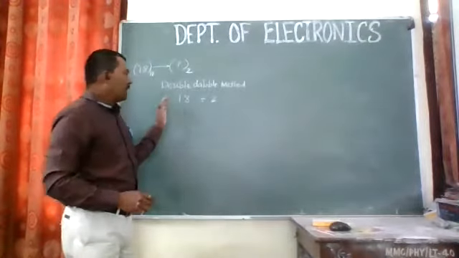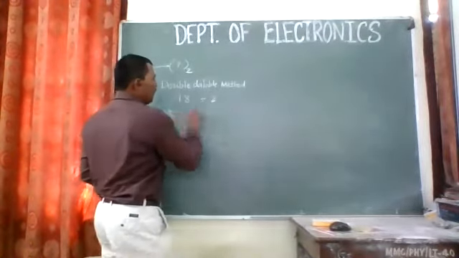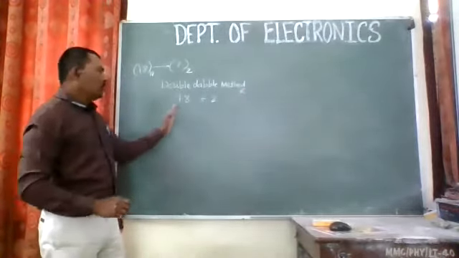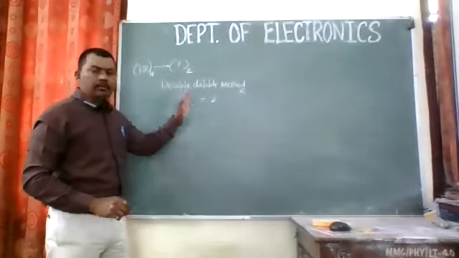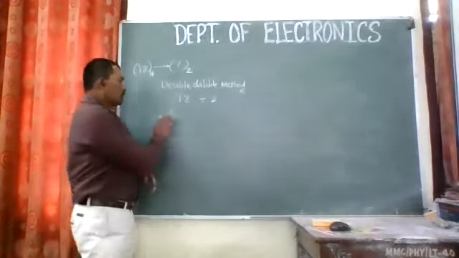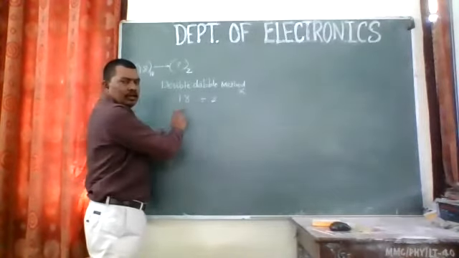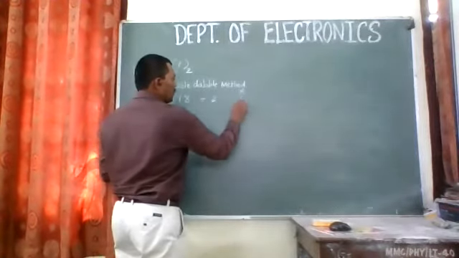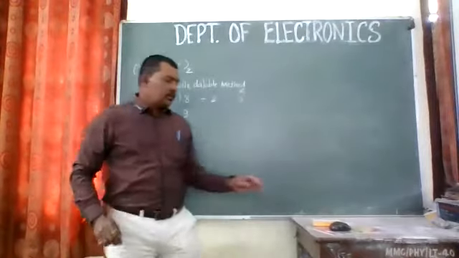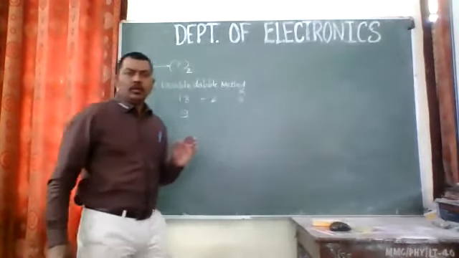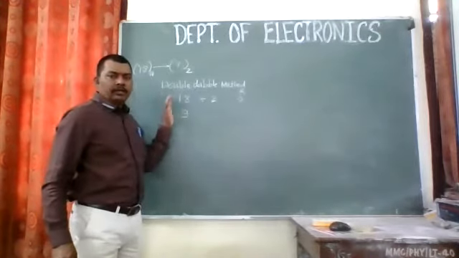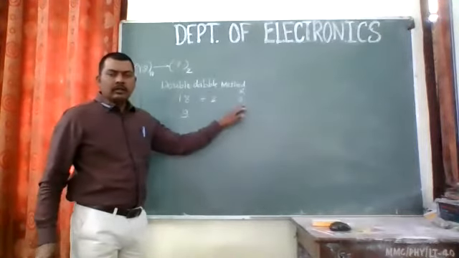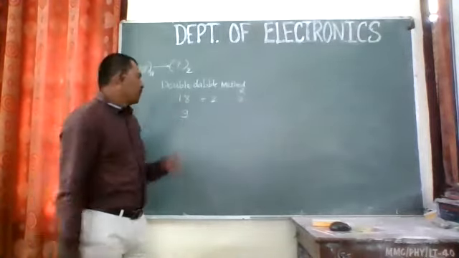We'll write the quotient over here and the remainder over here. We have to store these remainders. Dividing 18 by 2, the quotient will be 9 and the remainder is 0. Next, divide 9 by 2: the quotient is 4 and the remainder is 1.